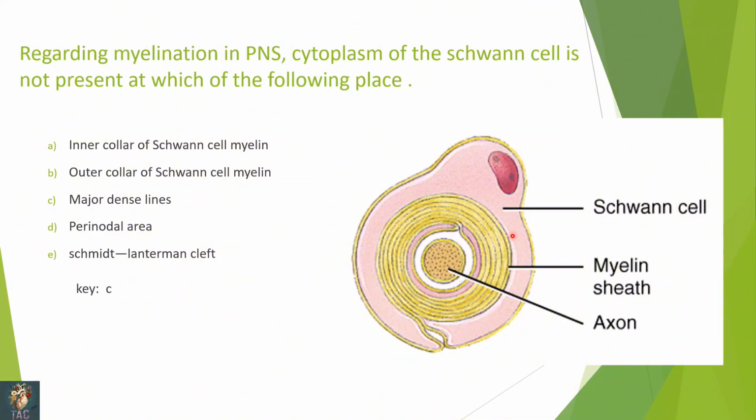As a result, Schwann cell cytoplasm is present as the inner collar of the cytoplasm, as the outer collar of the cytoplasm, at the perinodal area, and at the Schmidt-Lanterman clefts which may be present in between these areas. The space where it is not present is the major dense line, because at the major dense line the cytoplasmic membranes combine, they fuse with each other, and there is no cytoplasm at this space.